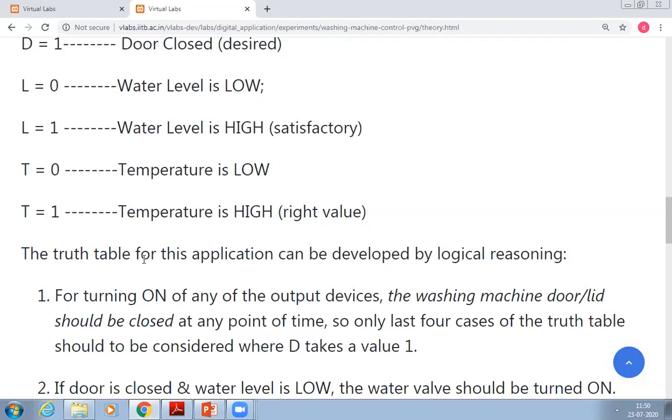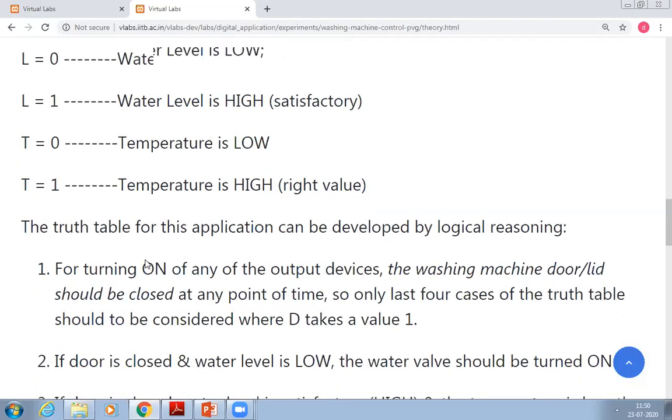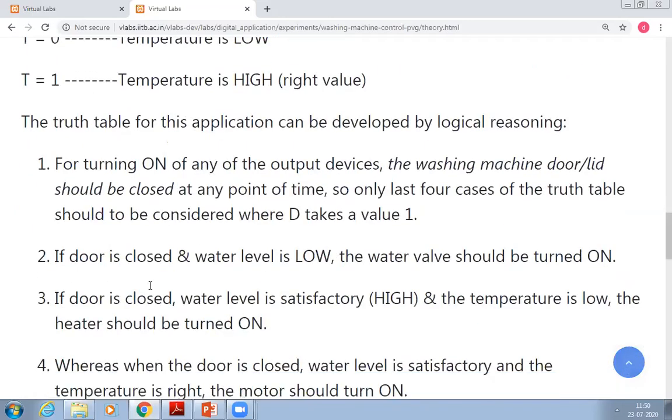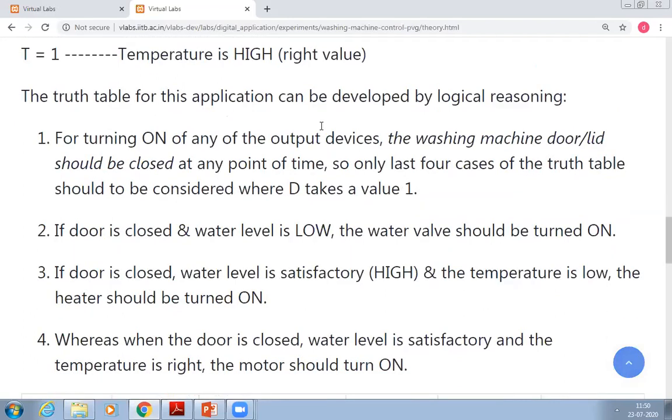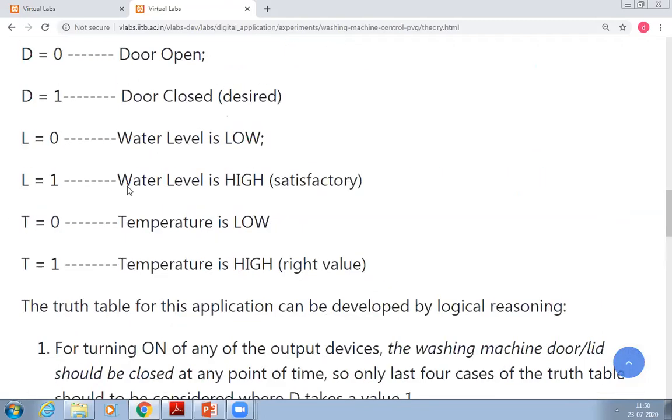We'll represent whatever logic is there in the form of a truth table. For turning on any output device, the washing machine door must be closed at any point of time. The washing machine performs operation only when D is 1.